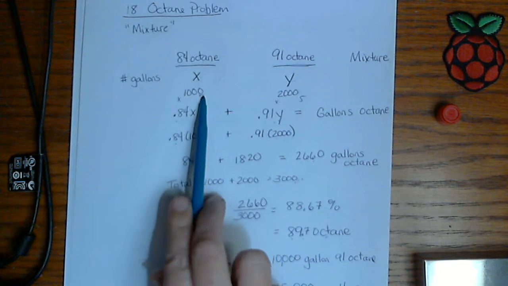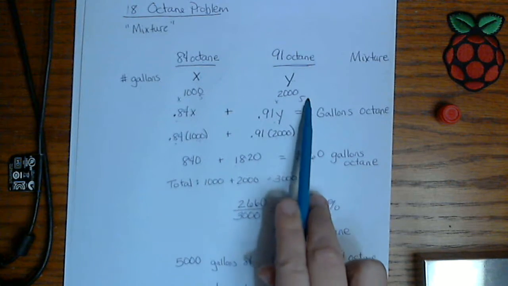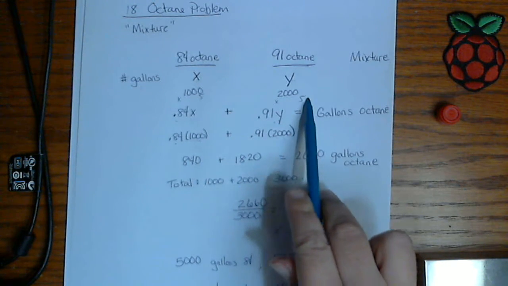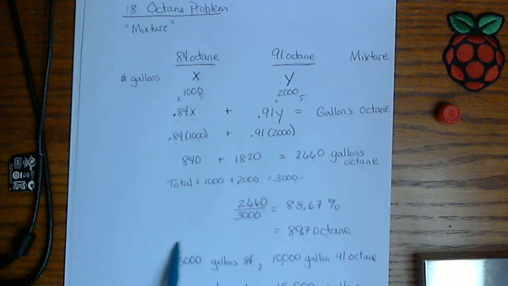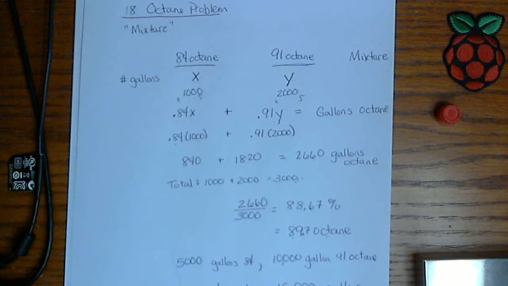So I multiply the 84 octane by 5, I multiply the 91 octane volume by 5, and that gives me 5,000 gallons of the 84 octane, 10,000 gallons of the 91 octane to get my final answer.